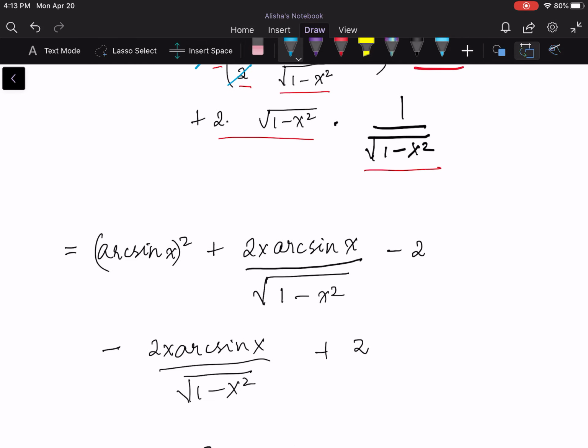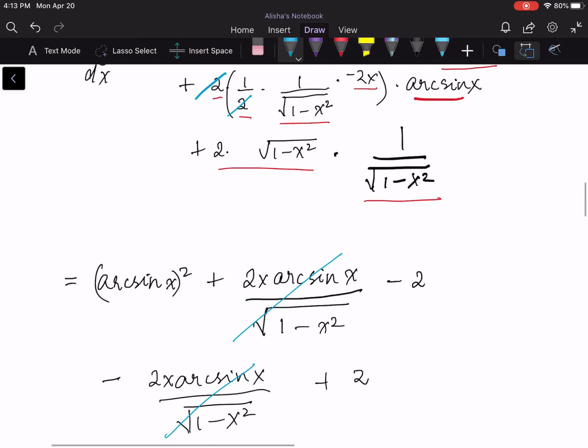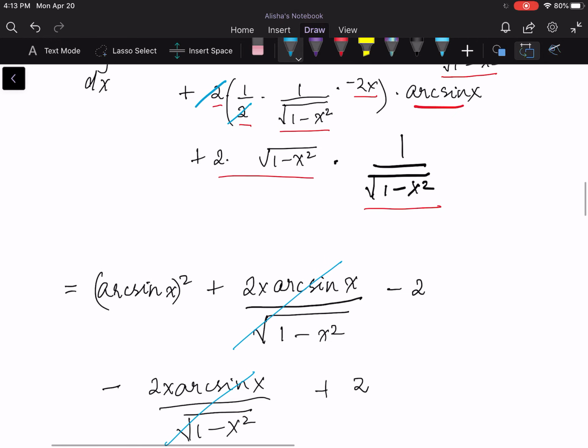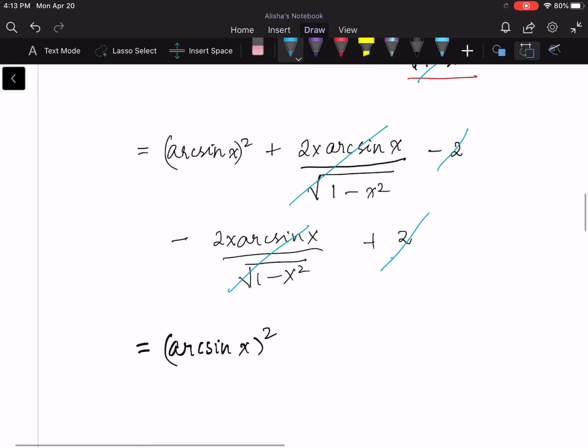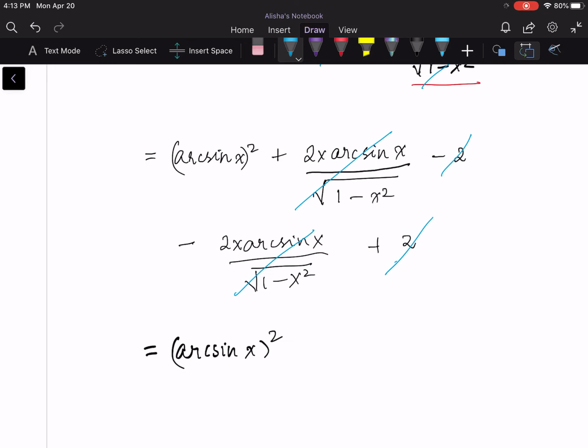That's a mouthful. And so these two cancel out. The last term here, there's some cancellation as well, so we're just left with plus 2. But we had a minus 2 from one of the derivatives, so that cancels out as well. And so we're just left with arcsine x squared. And we're done.